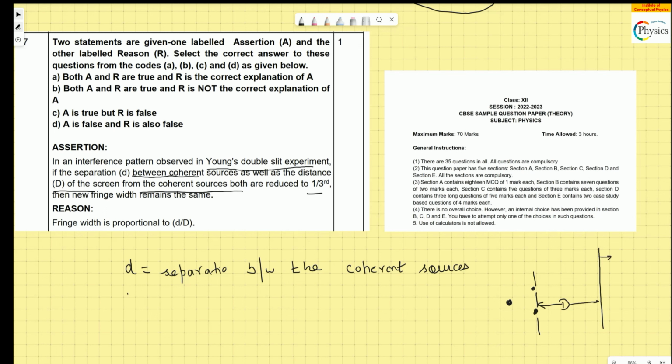This is your viewing screen. Capital D is the distance between the coherent sources and the screen, right?